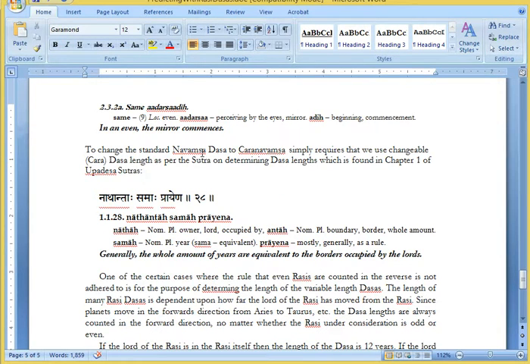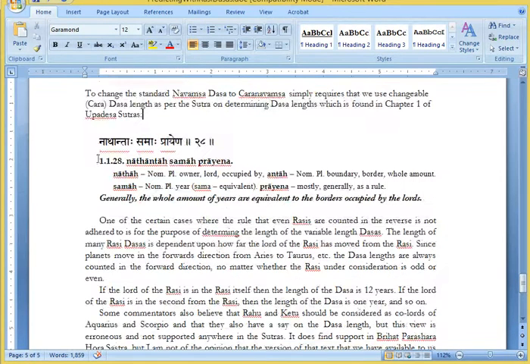Now, to change the standard Navamsa dasha to Caranavamsa, we just have to use the changeable dasha lengths, as per the sutra on determining the dasha lengths, which is found in chapter 1 of the Jaimini Sutras. That's Sutra 1.1.28, where he says generally the whole amount of years are equivalent to the borders occupied by the lords, which I covered in great depth in the first Jaimini course, but which basically means that you simply find the lord of the sign, see how many signs it's from the sign, and that's the amount of years.